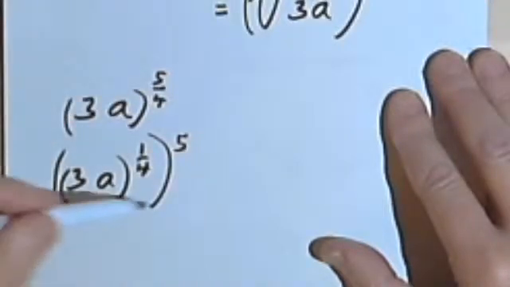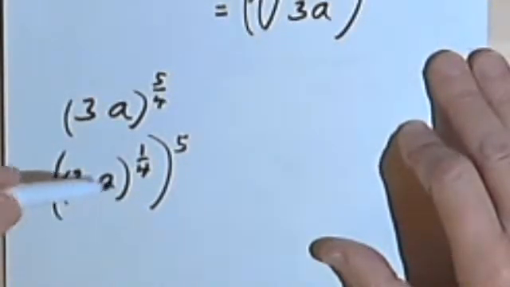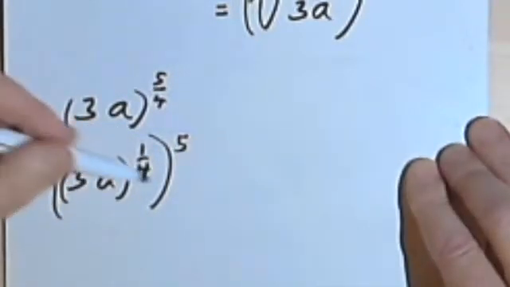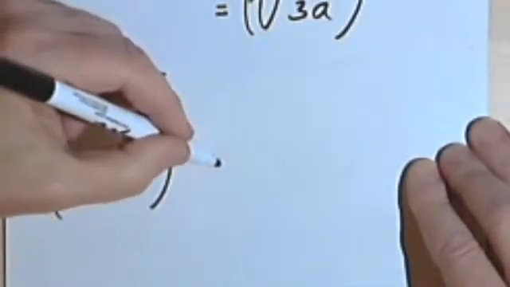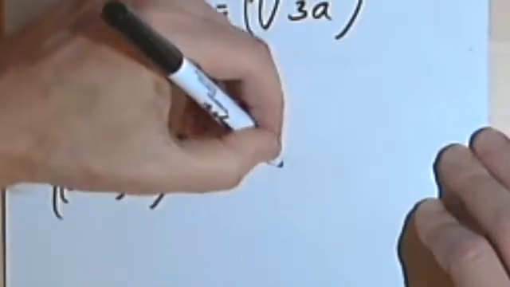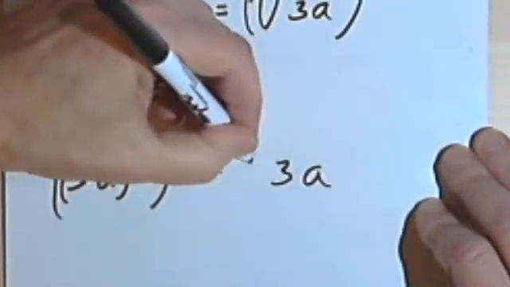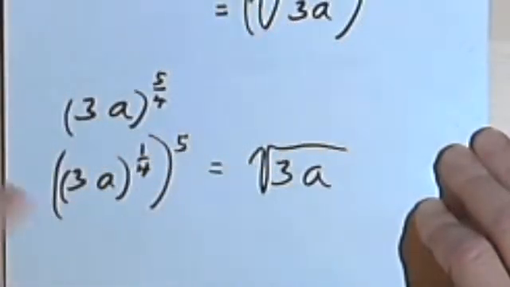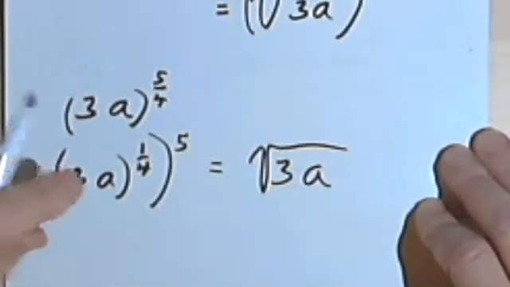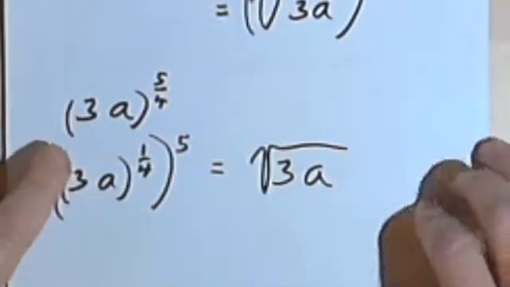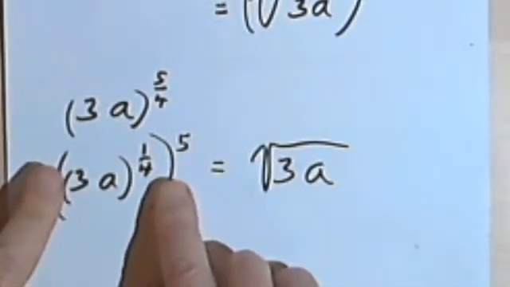Okay, but now if I have it written in this form, 3a to the 1/4 raised to the 5th, working from the inside of my parentheses outward, I'm going to get this 3a, which I'm going to put underneath the radical sign. The index for my radical sign is going to be this 4. I'm still working inside these parentheses.